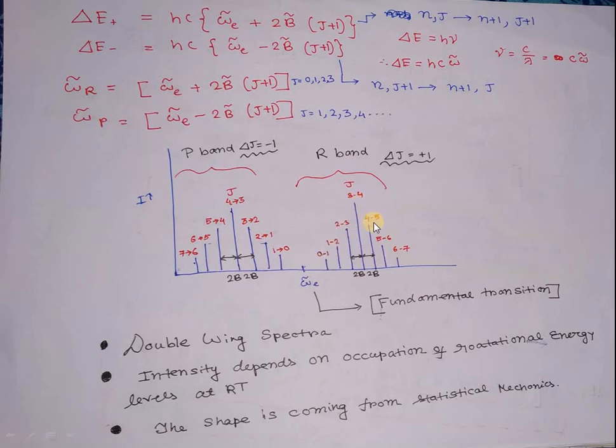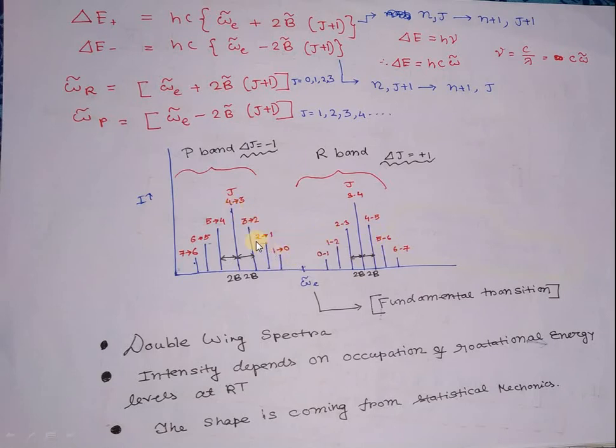Basically this shape depends upon how the energy levels are separated, the population of each of the energy states, and also the degeneracy of each energy state. All those factors collaboratively produce this type of intensity pattern. This is beyond the scope of our discussion. So for the time being, you have to understand that the shape of this R band or P band will look like this.